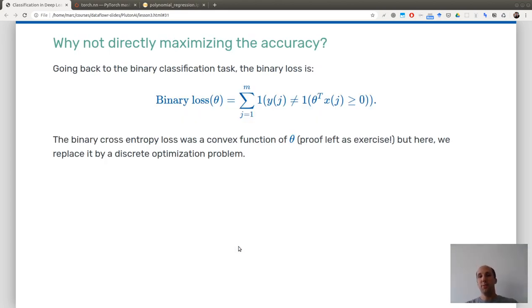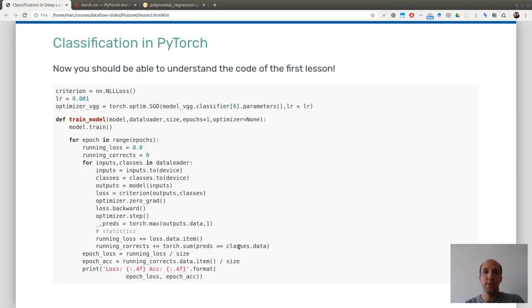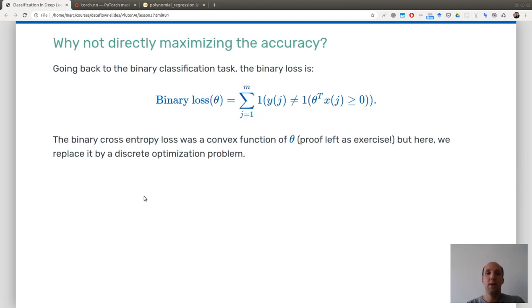At this point, it might be a bit disturbing to see that what we really care about is accuracy, which is how many good predictions we are making. But this is not what we are using in the training stage of our network. The loss here is the negative log likelihood loss. So would it be possible to optimize directly what we care about, namely the binary classification task?